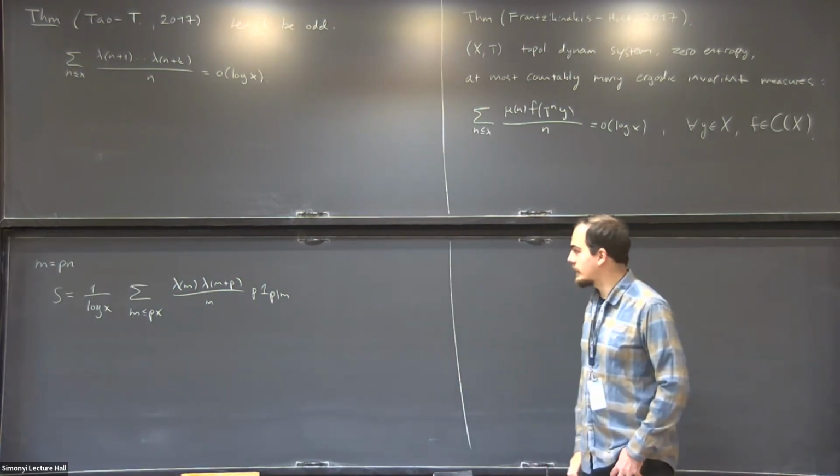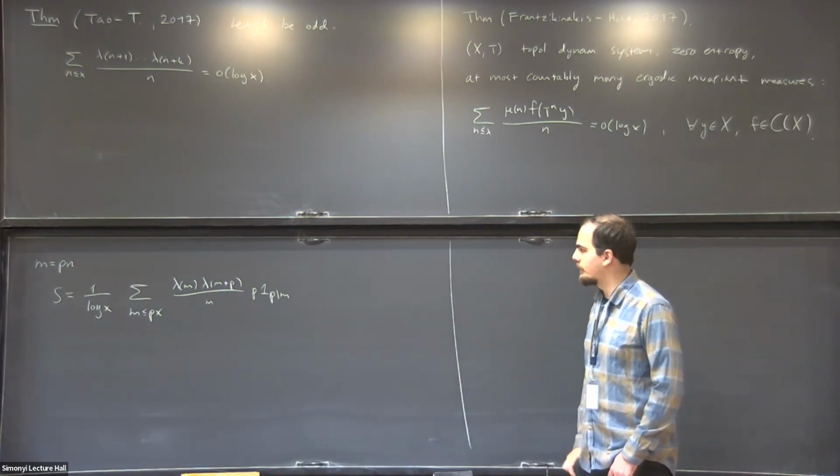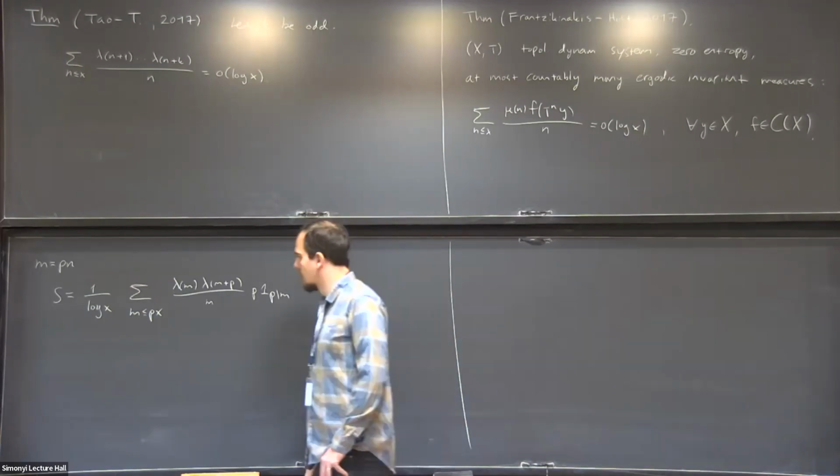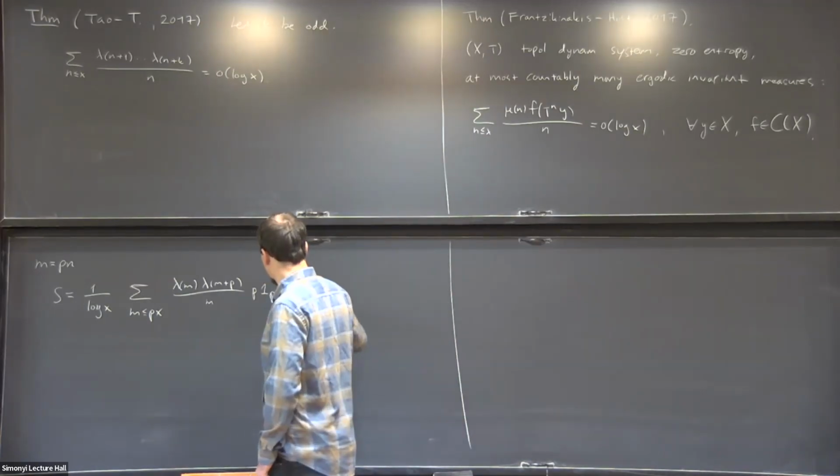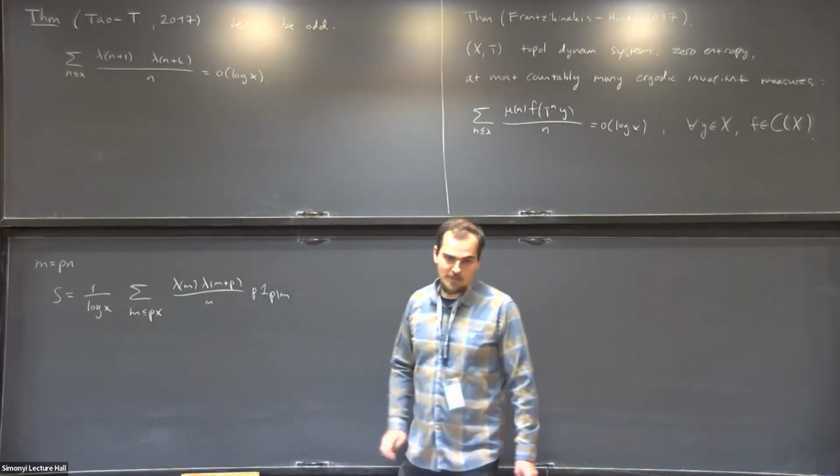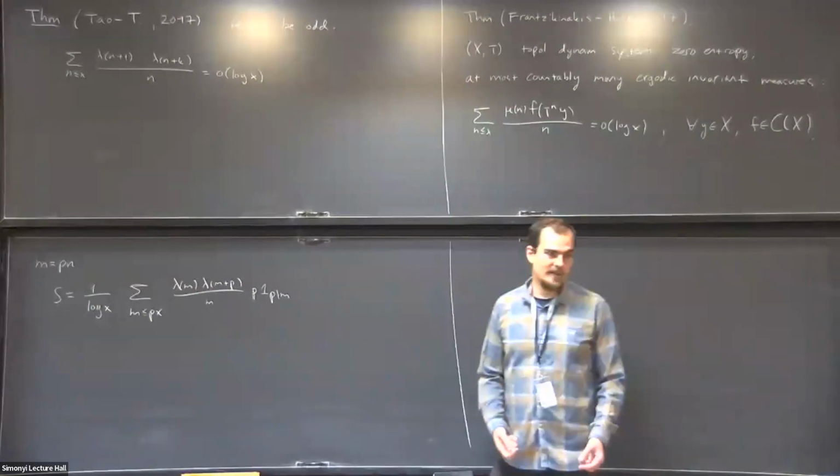So the indicator that p divides m. Okay, so here we already have two variables. So we have the m variable and the p variable.